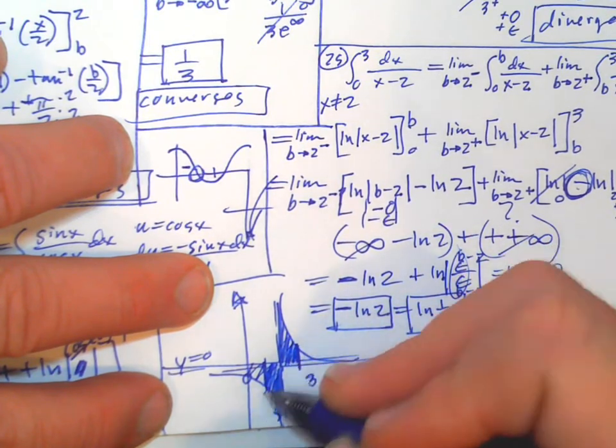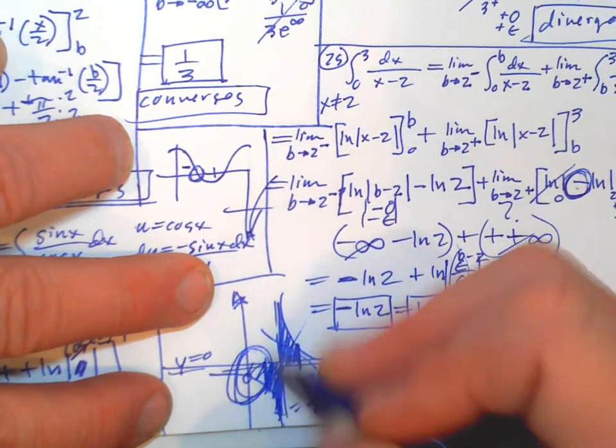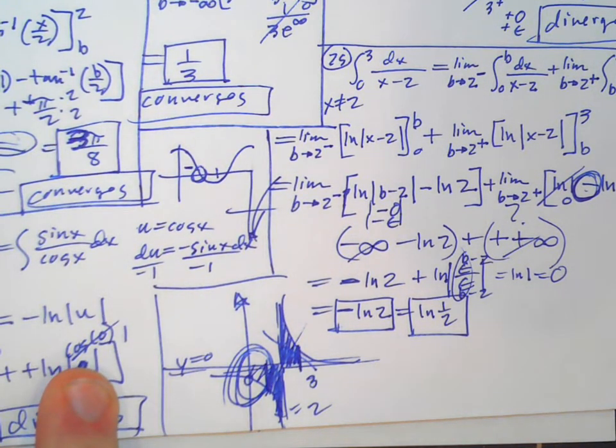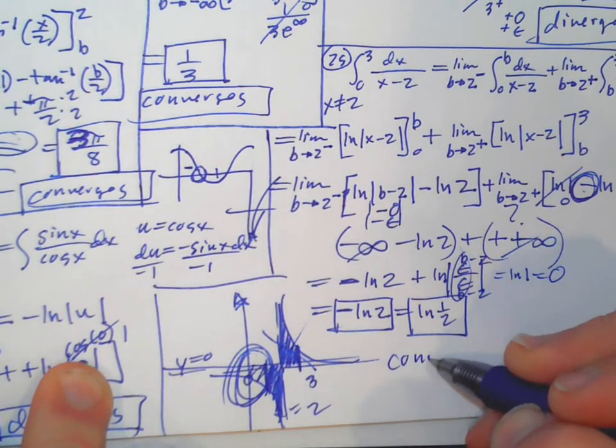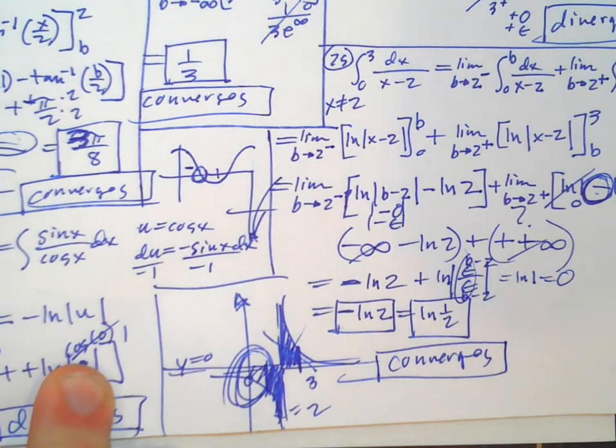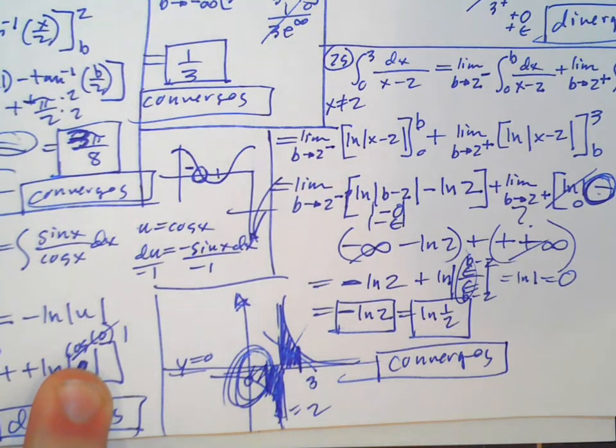Don't they just cancel each other out and then you're left with this? So 25 converges, but it takes a bit of analysis to get that. So negative natural log 2 or natural log 1/2.